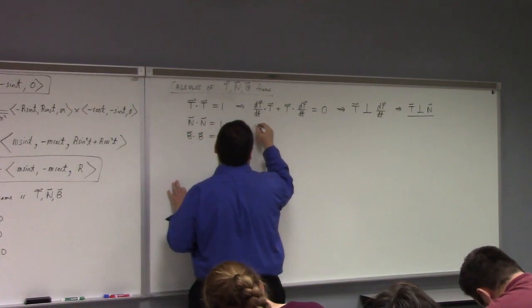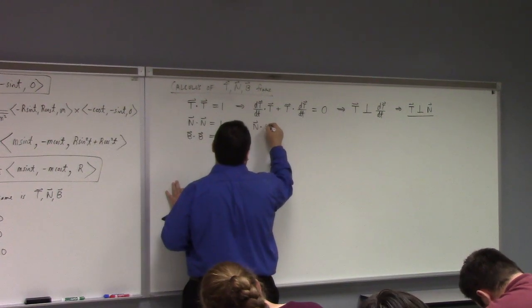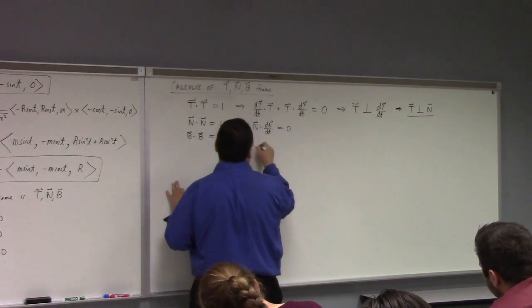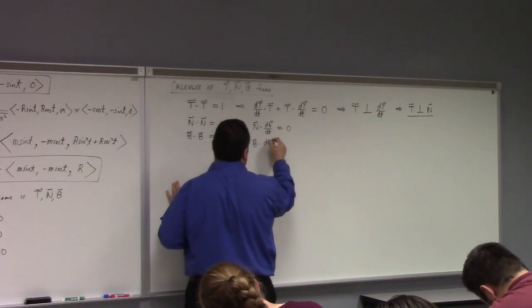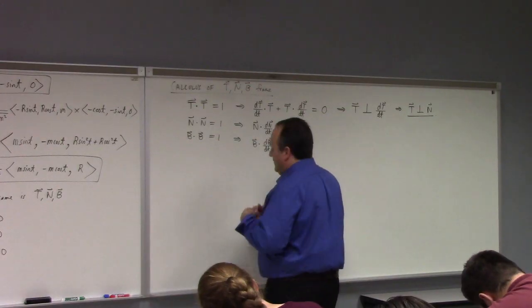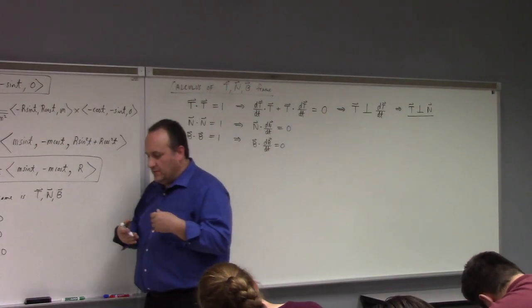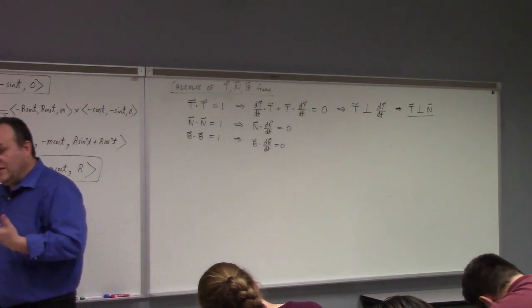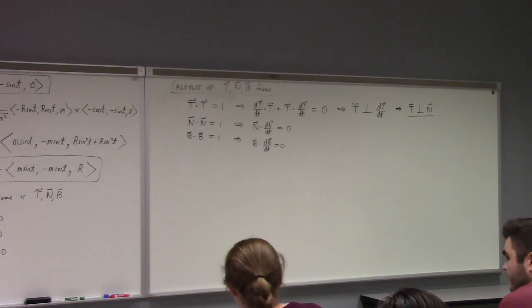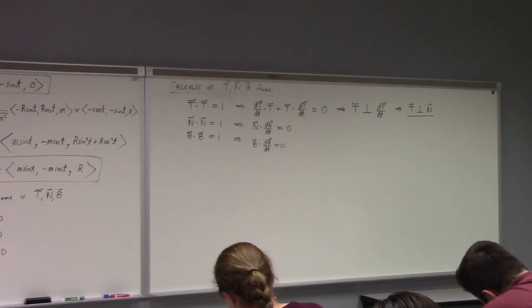They imply that n dot dn/dt is equal to 0, and b dot db/dt is equal to 0. In other words, a unit vector field, if it changes, cannot change in the direction in which it's pointing. It has to change its direction. It can't change its magnitude.